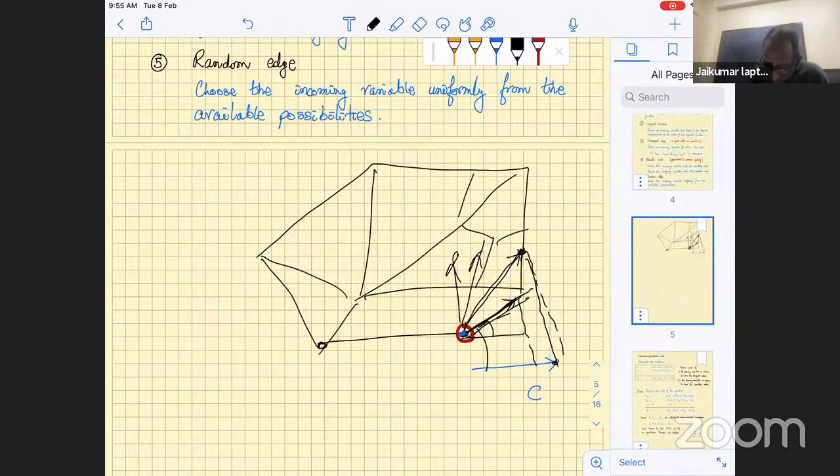Move in the direction that makes the least angle with C. It is the steepest. I should probably have drawn this so that C is upwards. Then we move in the direction which is steepest.